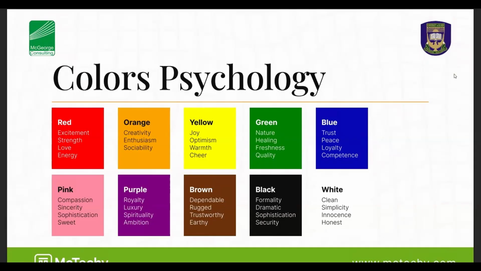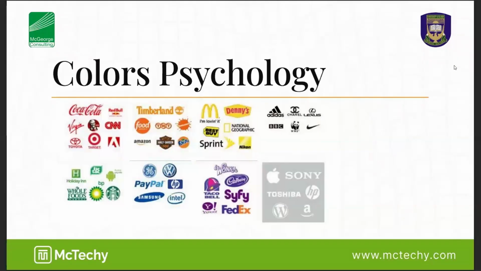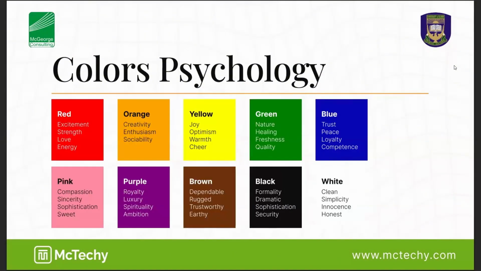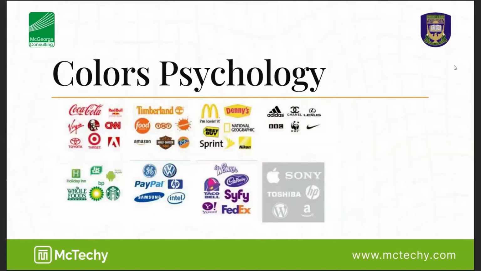So let's take, for example, this particular slide now. See Coca-Cola, CNN, Adobe, Toyota, Red Bull, all of those brands use the color red because it falls into these categories. You get excitement, strength: Red Bull is strength, Coca-Cola can be energy, excitement. Those happen to be the reasons they are using those colors.